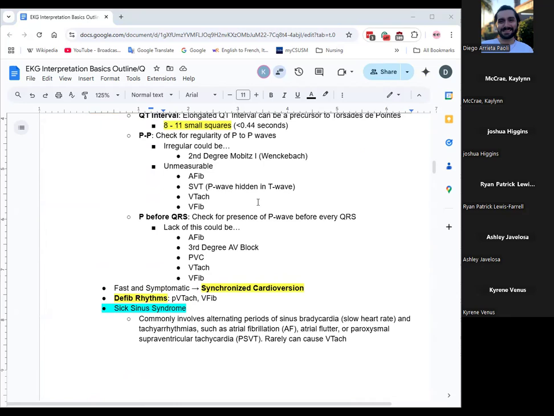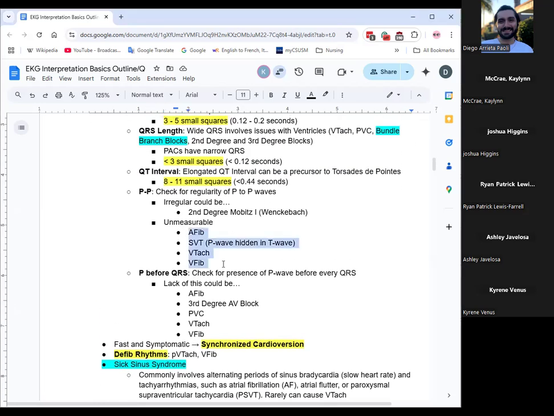But yeah, if it's irregular, it could be that second degree Mobitz type 1, the Wenckebach, because you have the increasing PR interval that can lead to that irregularity. And there are some conditions where it's difficult to measure. So AFib, you have the fibrillating P waves, so they're not even.